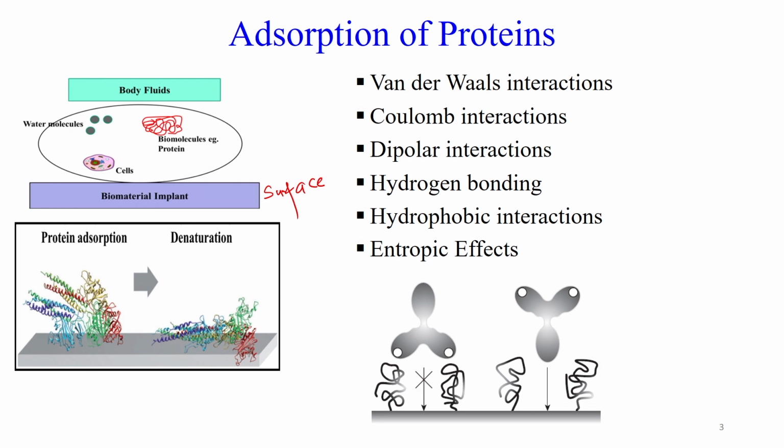Now, once protein reaches the surface, there are protein surface interactions, which we are calling here the adsorption of proteins, and depending on the various interactions between surface and protein, including van der Waals interaction, electrostatic interaction, dipolar interaction, hydrogen bonding, hydrophobic interaction as well as the entropic effects, it decides what will be the fate of the adsorbed protein.